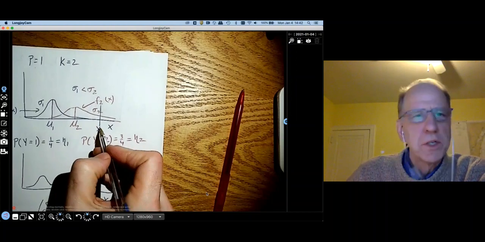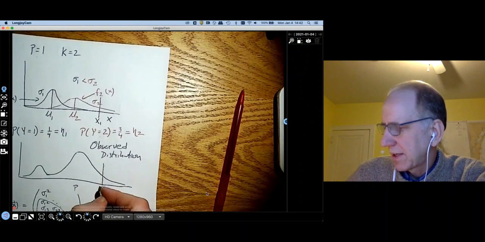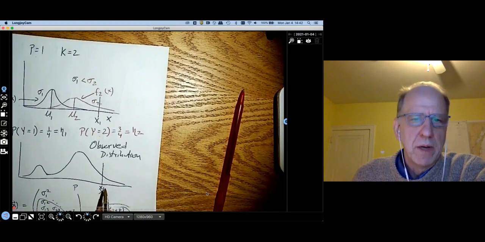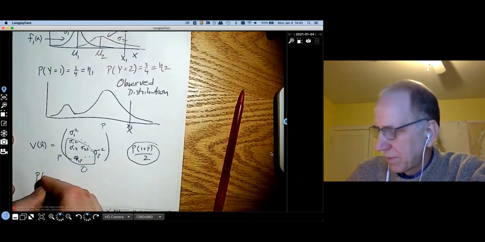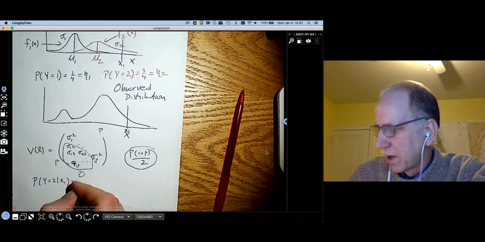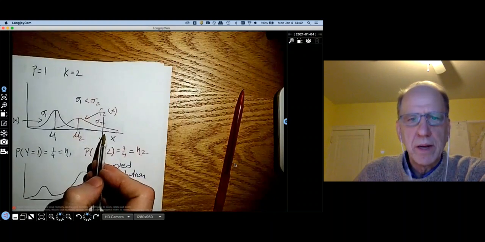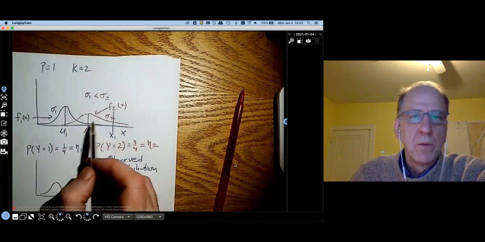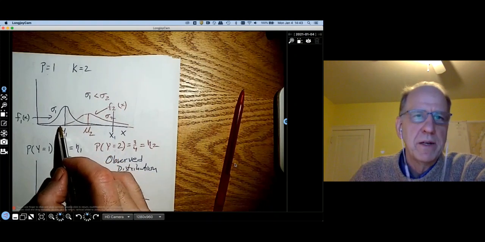If I gave you the additional information that my x is here, the posterior probability of y equals 2 given x1 would be close to 1. There would be almost no probability that I would draw an x1 if my true distribution were the blue one, whereas the probability of observing such an x1 would be pretty high if I had the red distribution.